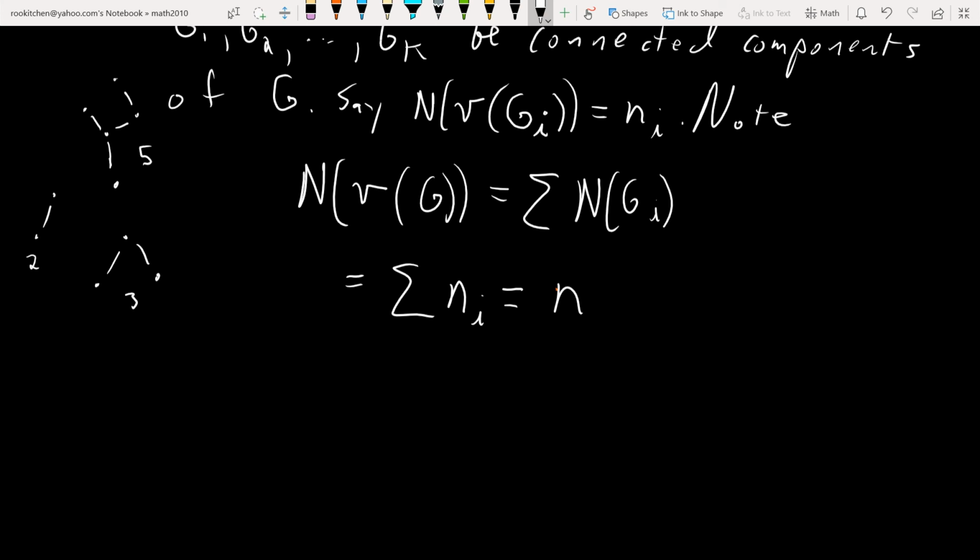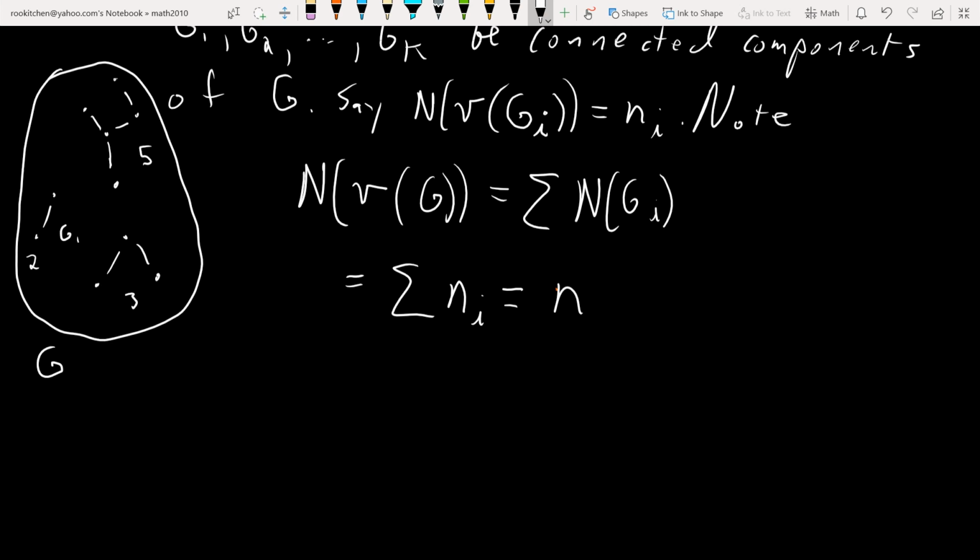This entire thing would be considered G, and then this maybe is G1, this is G2, and this is G3. The total number of vertices is just the sum of the vertices from each of the components. So the number of vertices on G would be equal to 2 plus 3 plus 5, which is 10. Which is all this symbol stuff is saying.